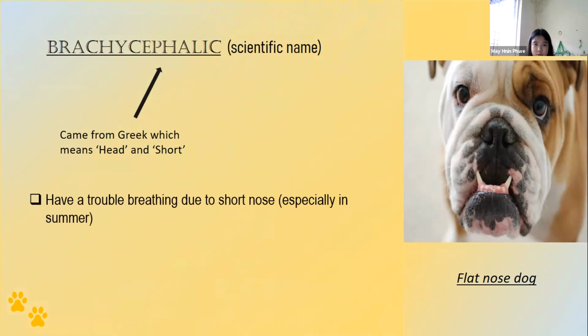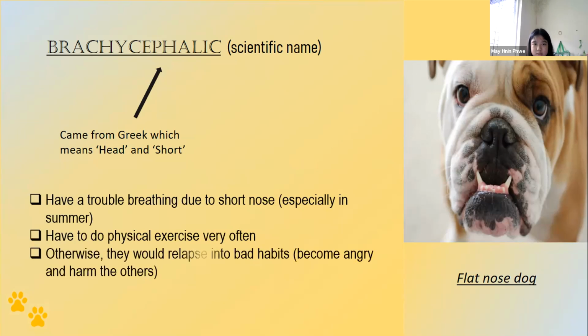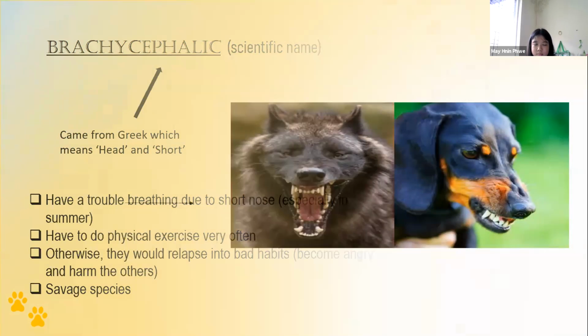This kind of dog has trouble breathing because its nose is very flat and its head is short, especially in the hot season. They also have to do physical exercise every day. If not, they will relapse into bad habits and become angrier, and they can harm others or even kill you. That's the reason why they are called a savage species.